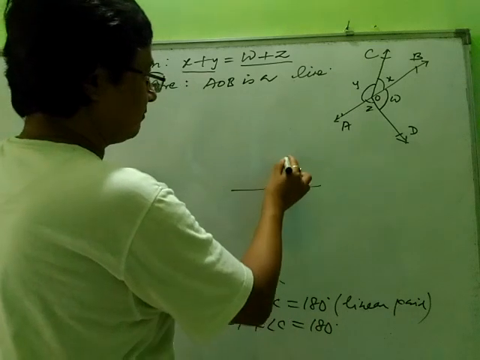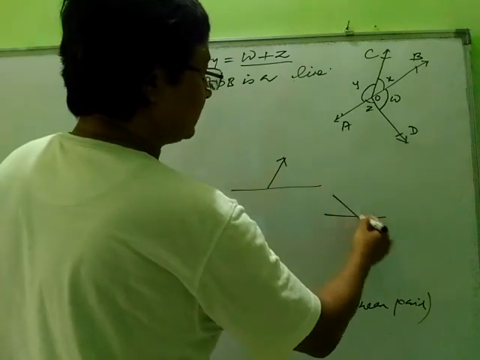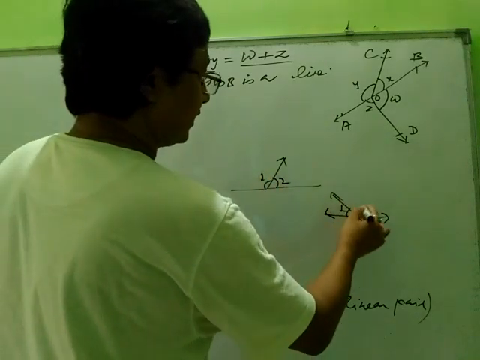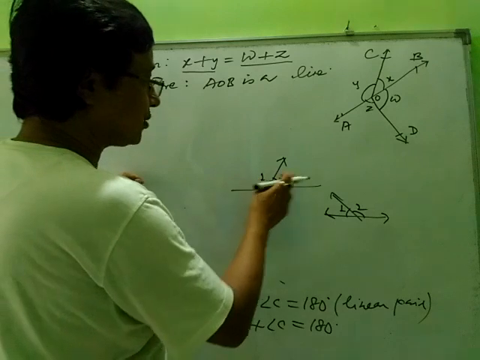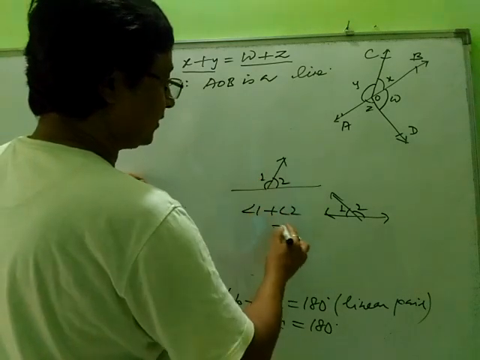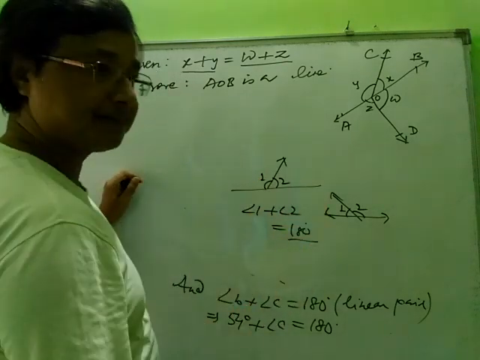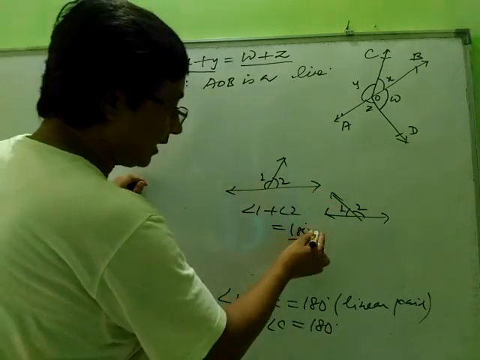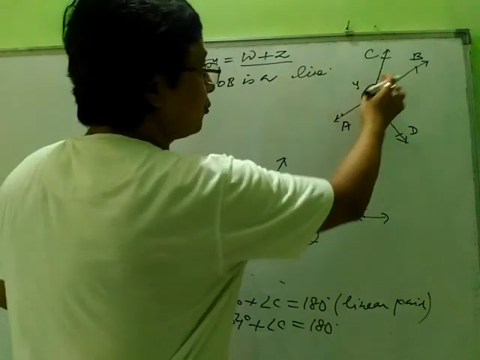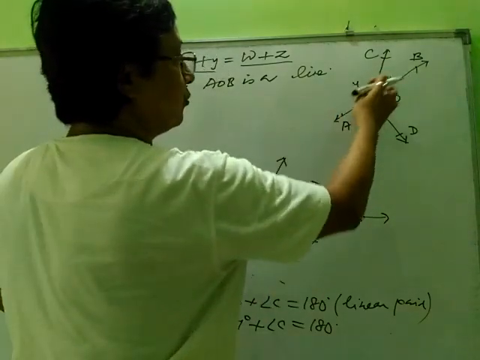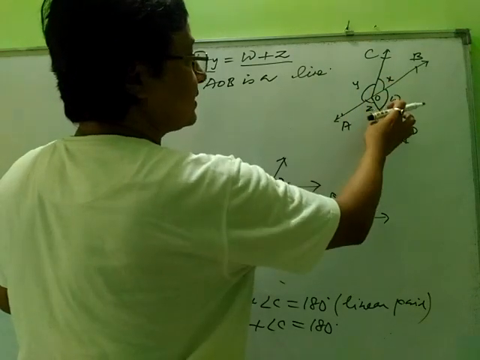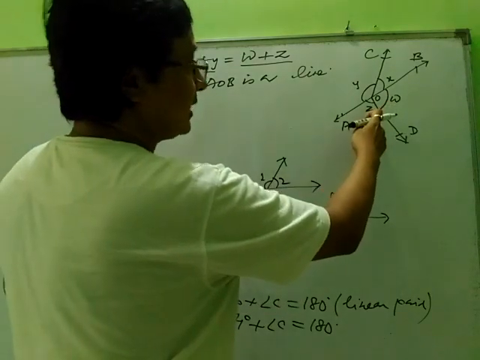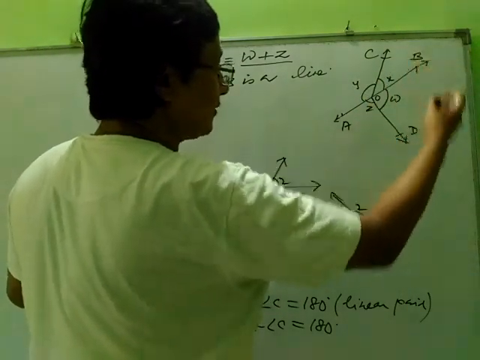Whichever way you get, say this is 1, this is 2, you add these two, you have got 1 plus 2 equal to 180 degrees. Why do you have 180 degrees? Because this is a straight line. Now you should prove that the sum of the measures of any two adjacent angles, either w plus z or x plus y, equals 180 degrees.